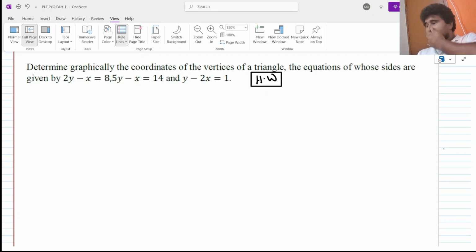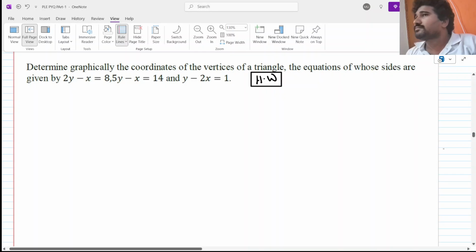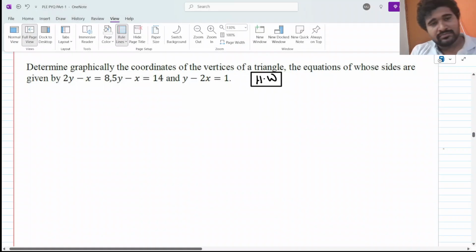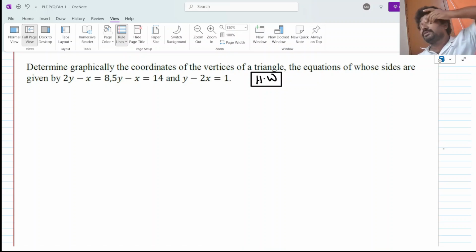Homework. Understood? You have to do it as homework.